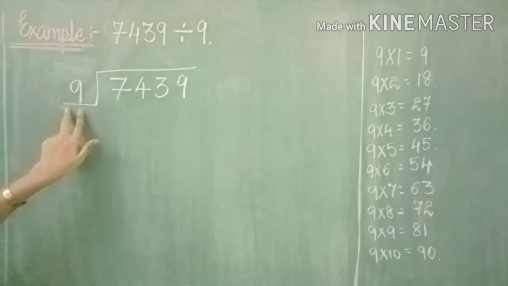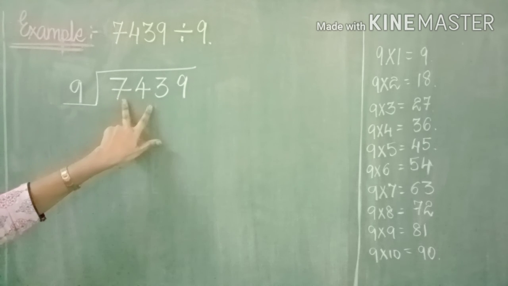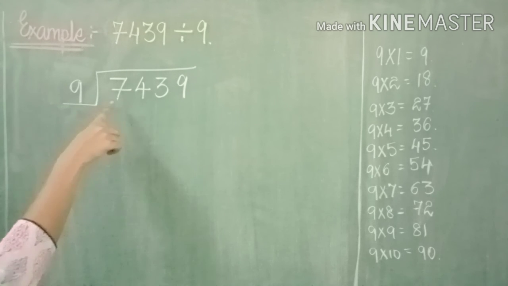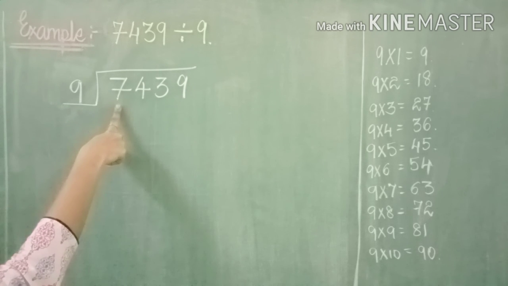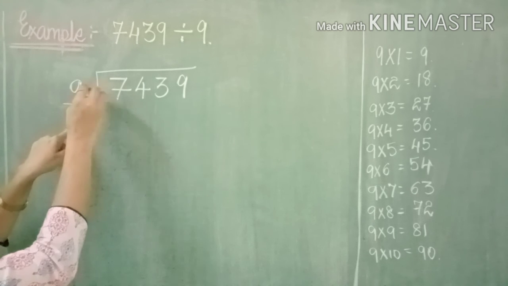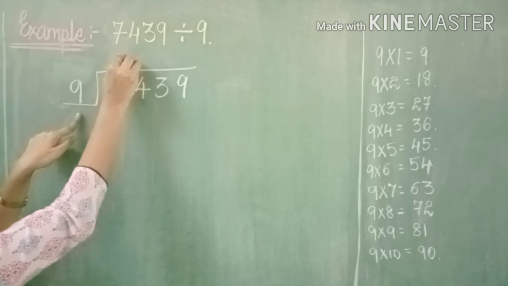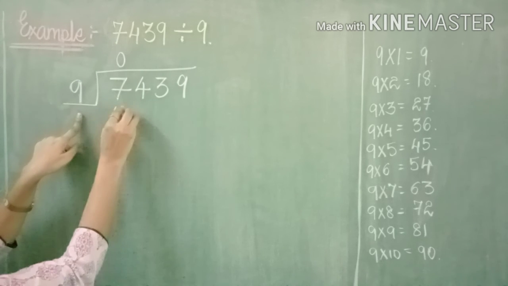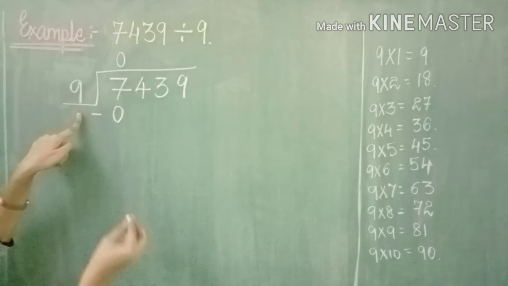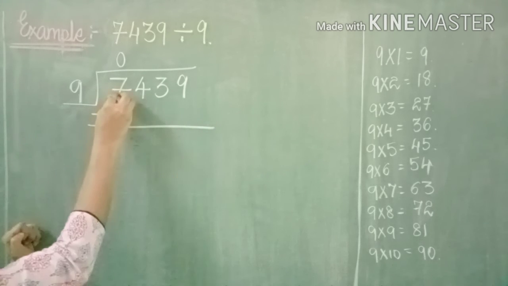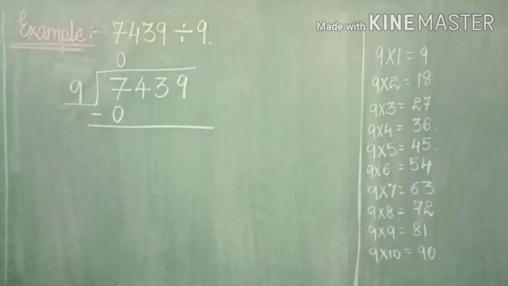This 9 is called the divisor and this part is called the dividend. Now 7, as we know, is the smaller number, 9 is a bigger number. So we will be writing 9 zeros are 0 with a minus sign, and then we are going to subtract. 7 minus 0 is 7.